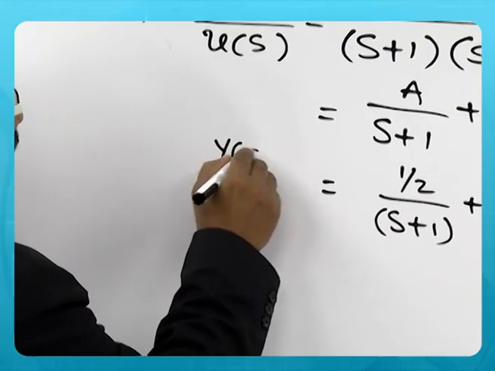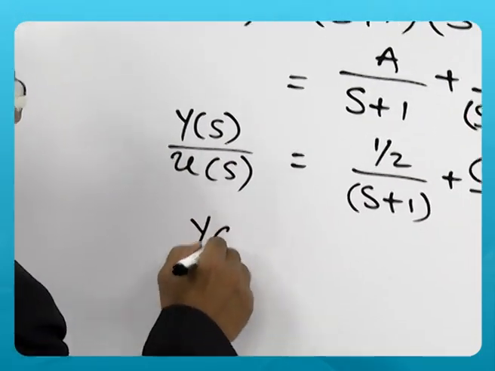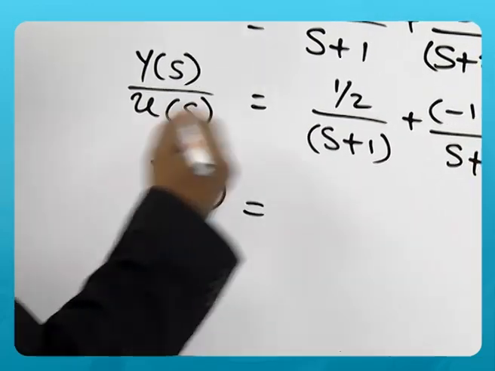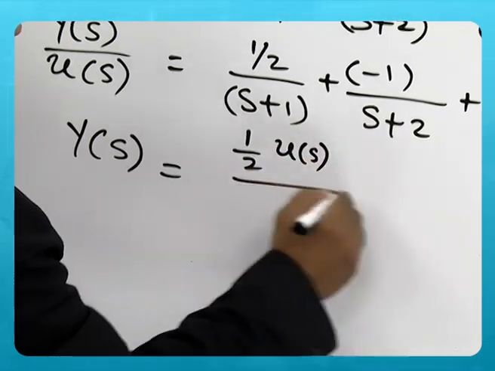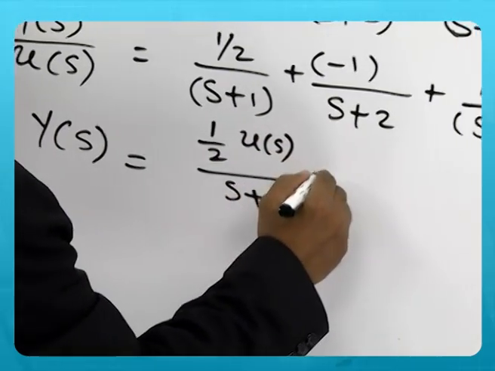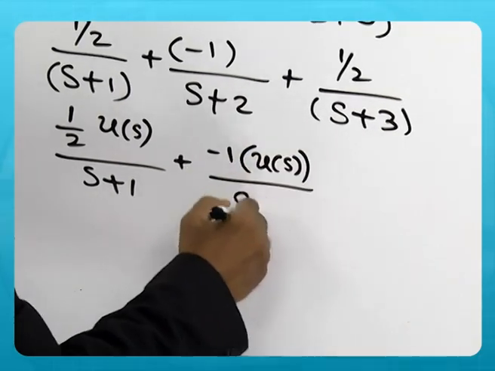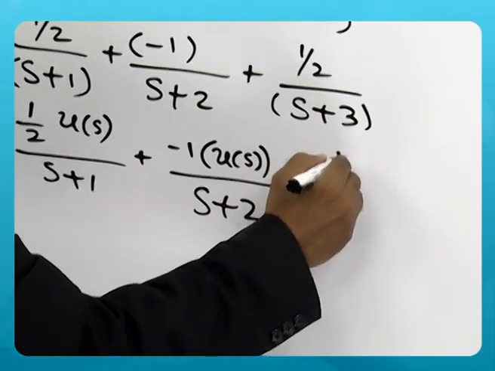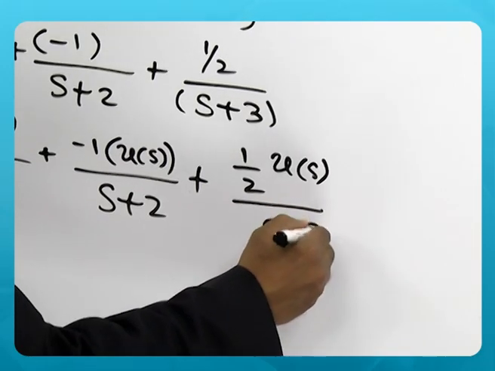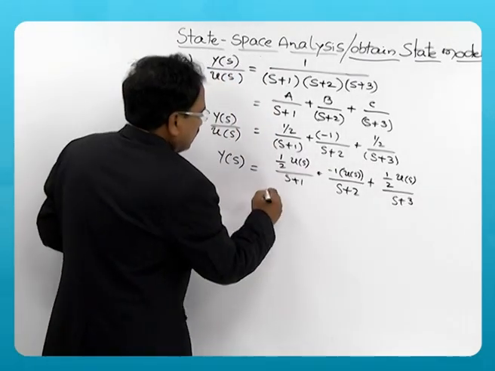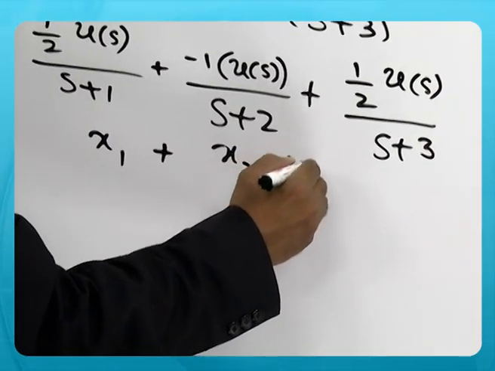Now this is the transfer function y of s by u of s. Now you write this equation for output. Take u of s this side: half u of s by s plus 1, plus minus 1 into u of s by s plus 2, plus half into u of s by s plus 3, and you can consider this as one variable x1 plus x2 plus x3.